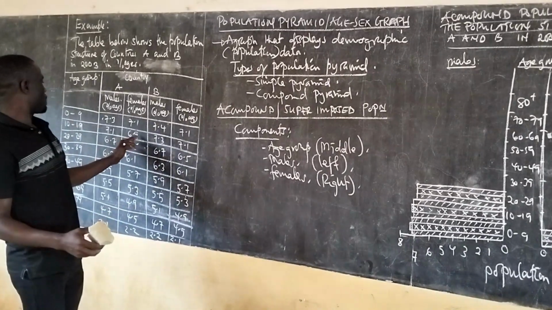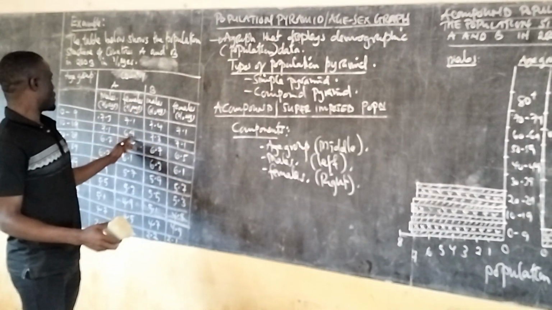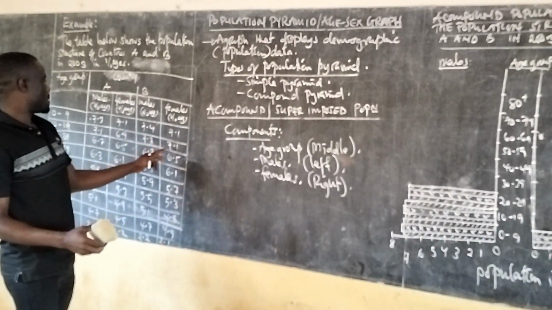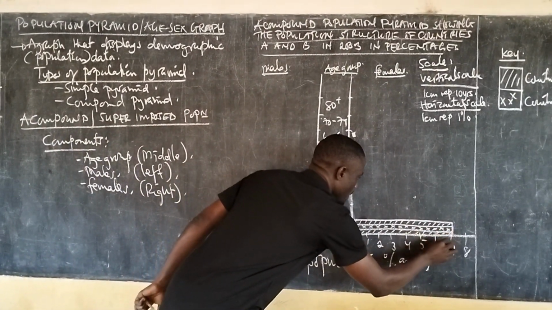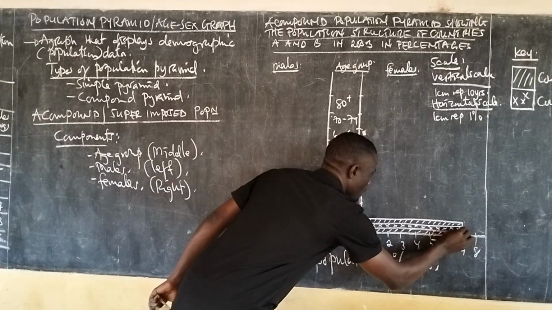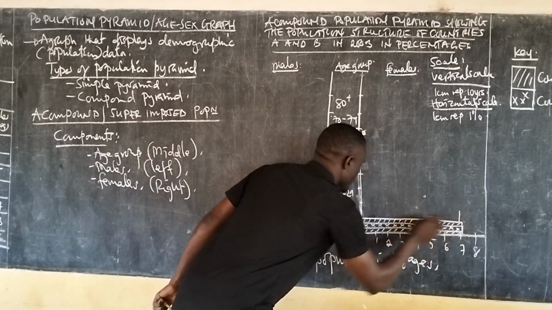10 to 19. We are on females. 6.9 country A, 7.1 country B. 6.9 country A, 6.9 around here. I'm approximating.